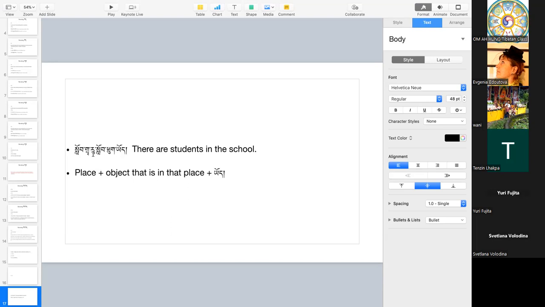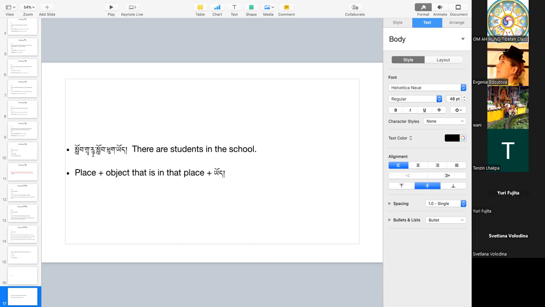We are going to talk about this in the grammar class in detail, so I don't see any reason to further discuss this in this class. But to understand it to the extent that I have already said, it just shows a relation between the object and the position of the object. And this is the seventh grammatical case.